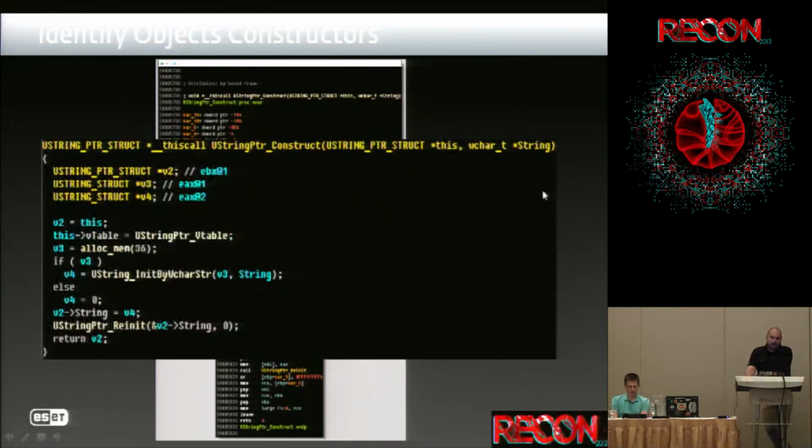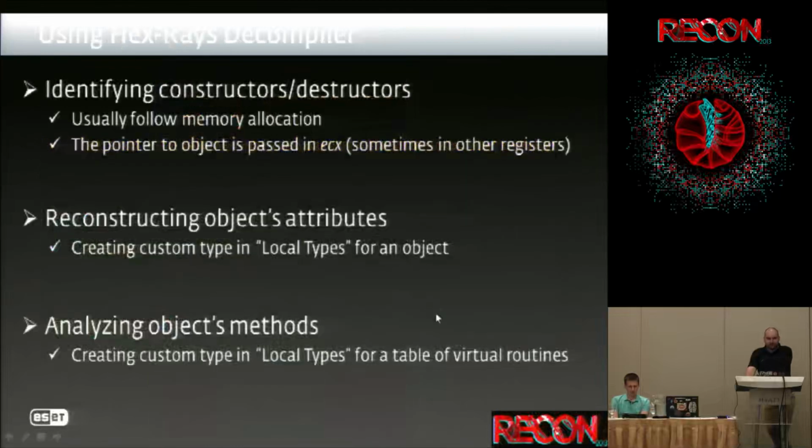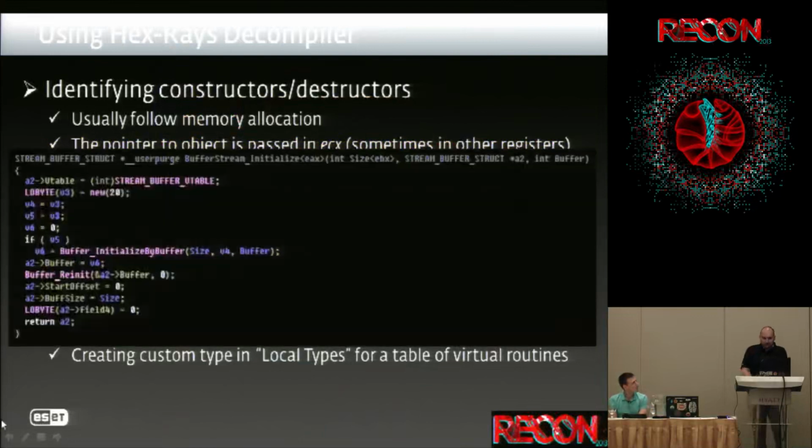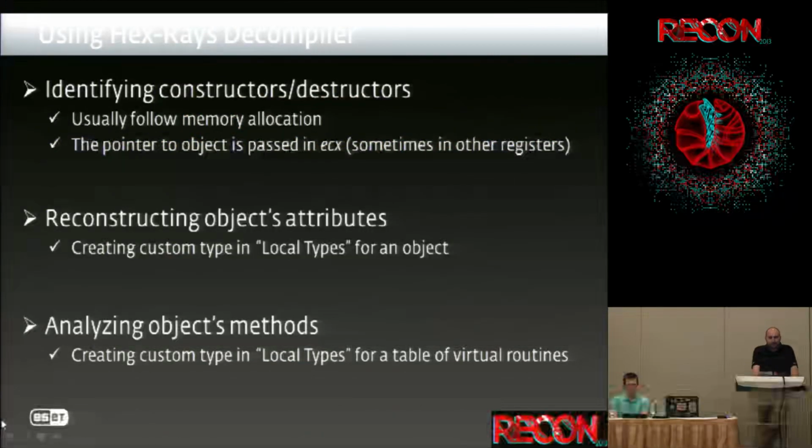Constructor identification, yeah, it looks good. But how do you do it manually? In our case, we used the Hex-Rays decompiler and added local types with a C structure for each object, and sometimes it works well, but sometimes we need to do some dynamic analysis to calculate the exact calls in virtual tables.